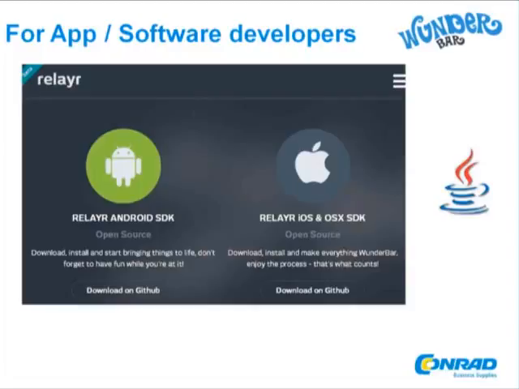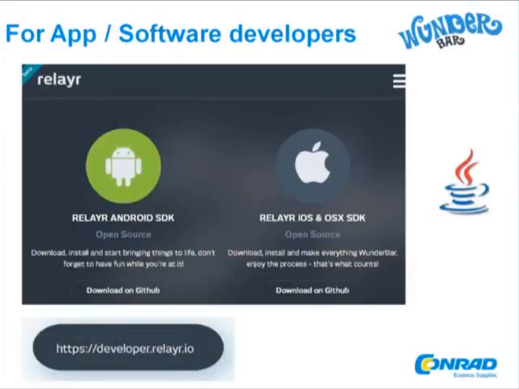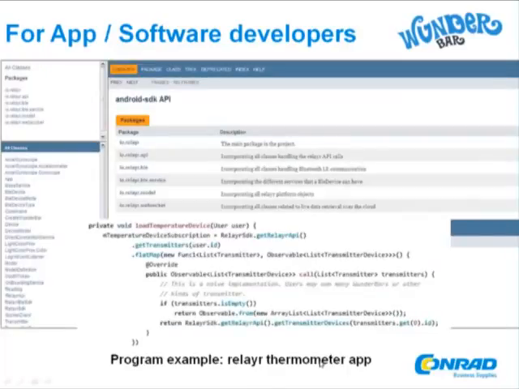And of course, the coffee cup on the right side stands for Java programming. Programmers are familiar with that. You find more information in the link below, developer.relay.io. This is an example. Don't be confused if you are not a programmer, but programmers will know immediately what this is about. And like C programming, you need some ready modules to insert into your program.